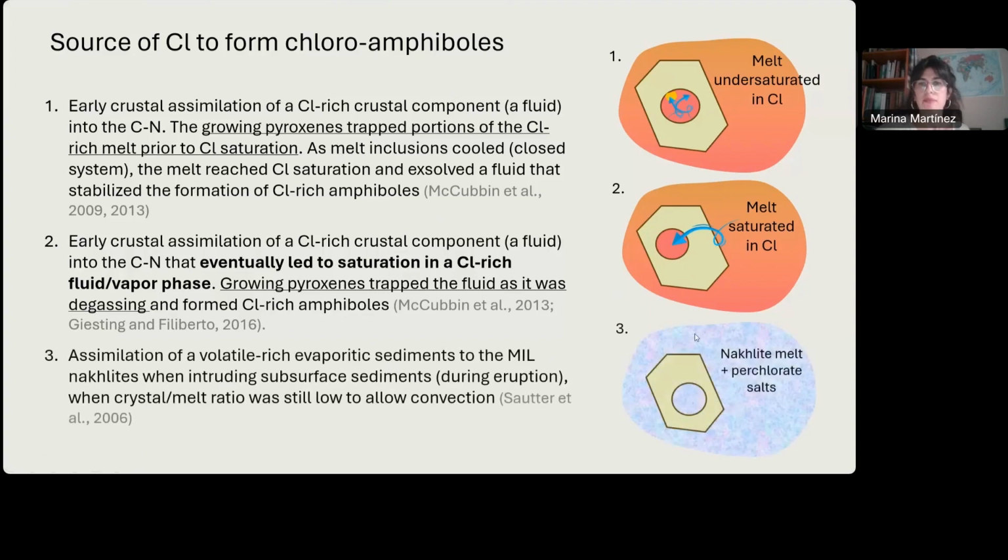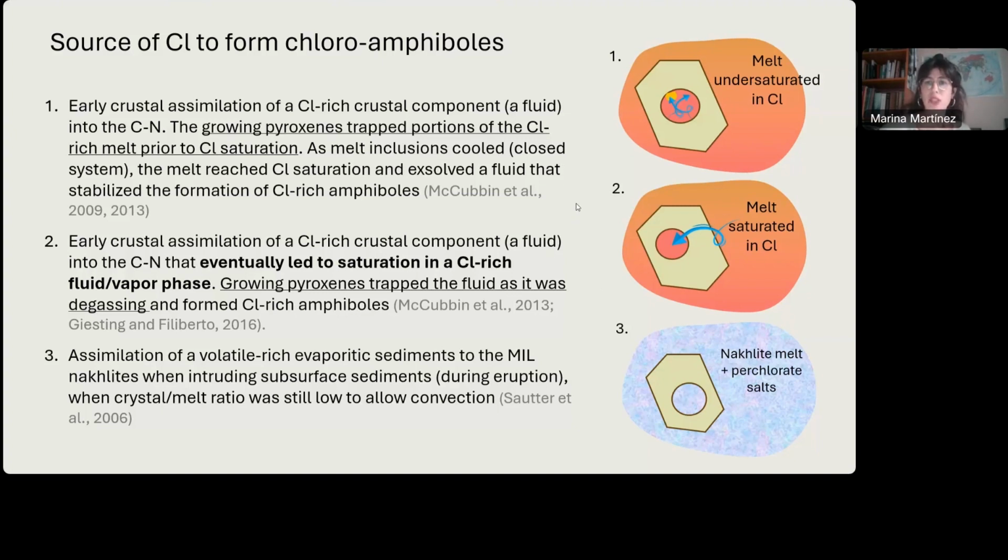And the third mechanism would be assimilation of volatile-rich evaporitic sediments by the Miller Range nakhlites when they were intruding subsurface sediments, still at a moment where the crystal melt ratio was low enough to allow convection. The third model is already ruled out because these perchlorate salts, these subsurface sediments, have a chlorine signature that is not matching the one we have tested.